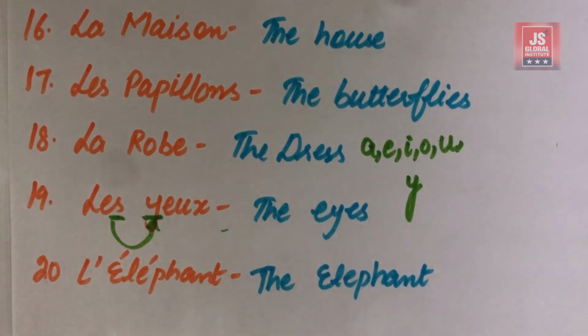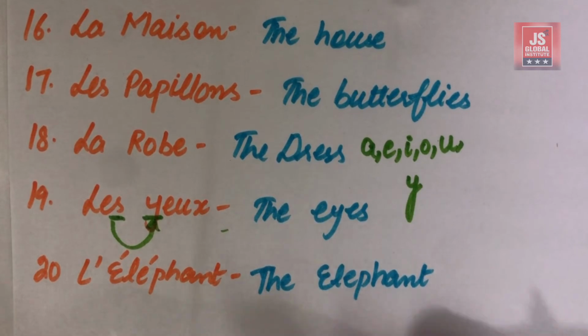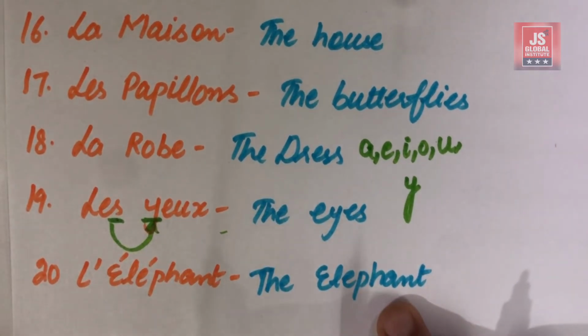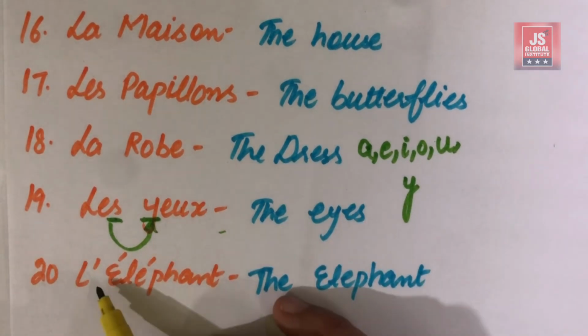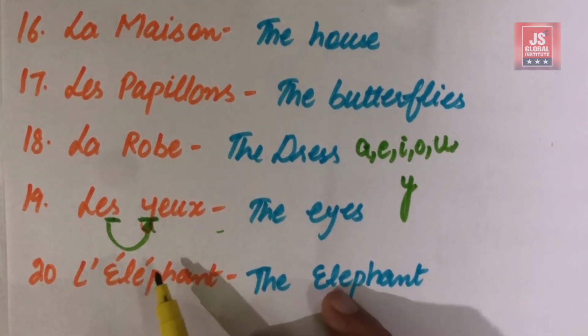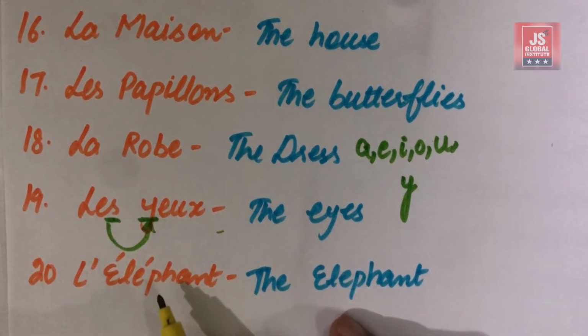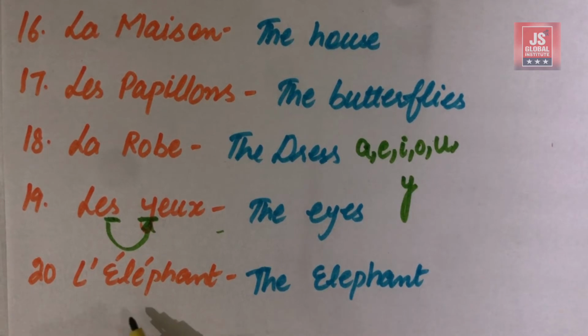Okay, so this is the case with les, and the last word is l'éléphant. What is that? As the name signifies, this is elephant. And what is the spelling? That is L apostrophe E accent aigu, L E accent aigu, PHANT, l'éléphant.